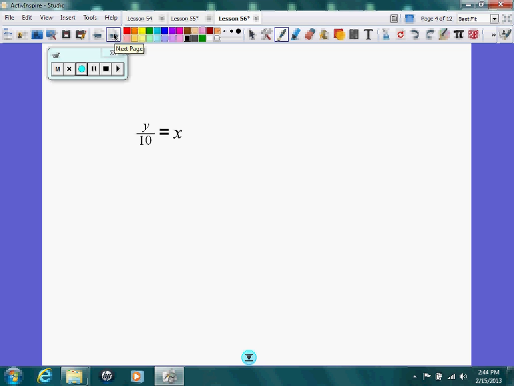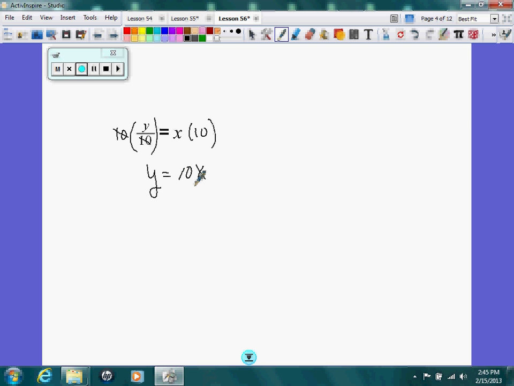Okay, let's look at this one. Okay, so here's some division. Is it direct variation? Well, let's see if we can get it in the form y over x. So we would need to multiply both sides by 10 to get this 10 out from under the denominator. Those would cancel, so we'd have y is equal to 10x.